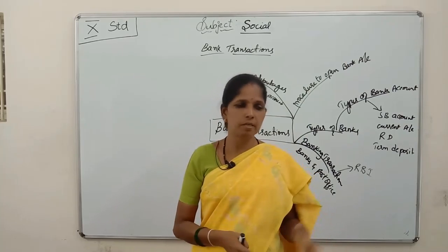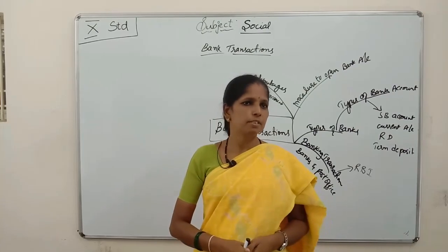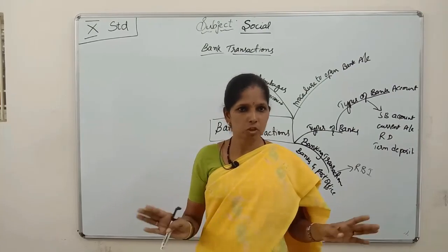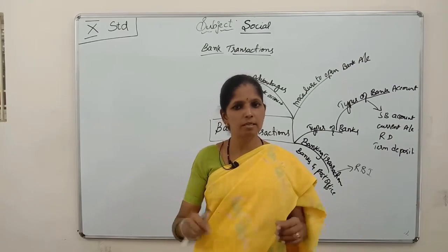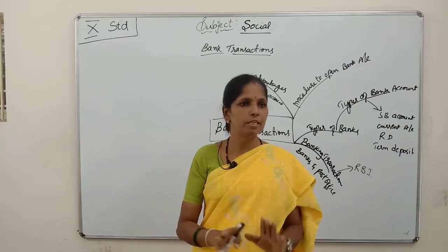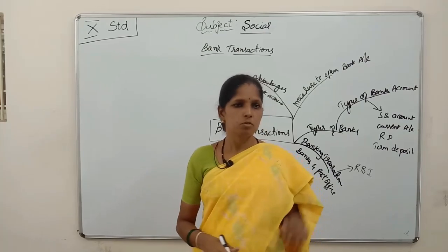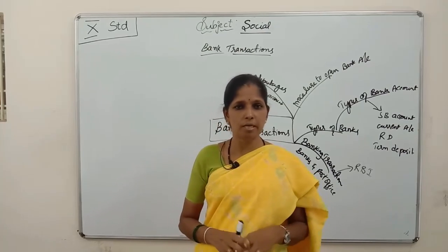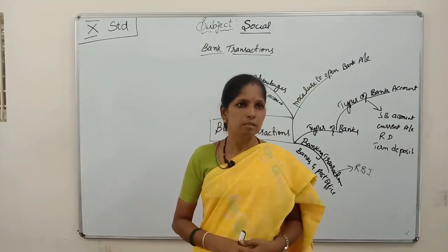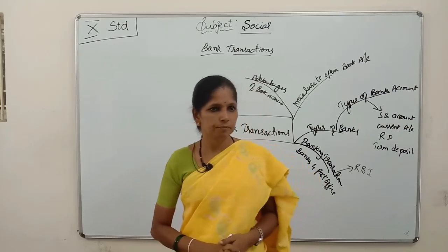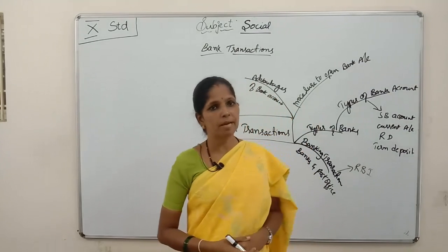According to your convenience, you can keep your amount in the bank. That deposited amount cannot be withdrawn before the expiry of the time. If I have given a 1 year term, I am not supposed to withdraw that amount from the bank for 1 year. The rate of interest is higher depending upon the term in fixed deposit or term deposit accounts. Here you need some procedure to open the bank account.